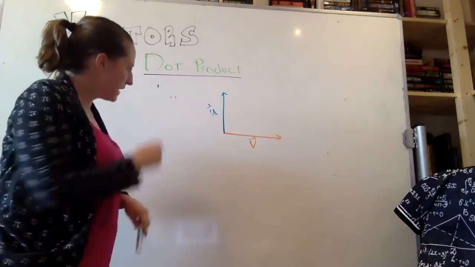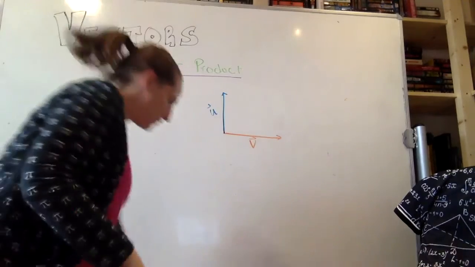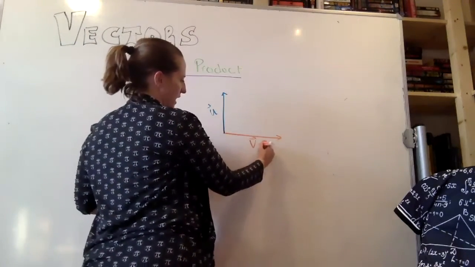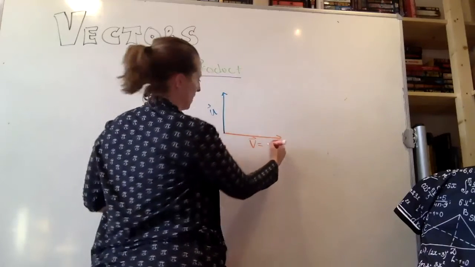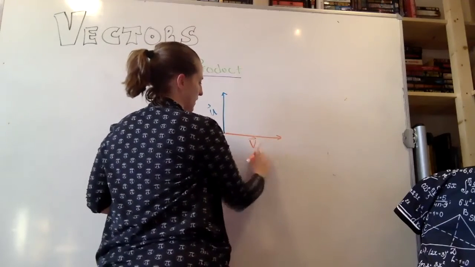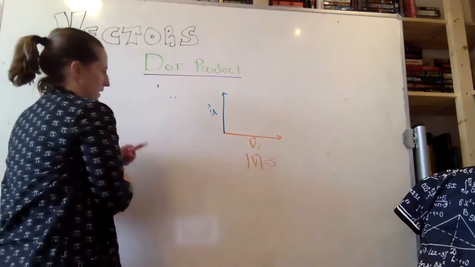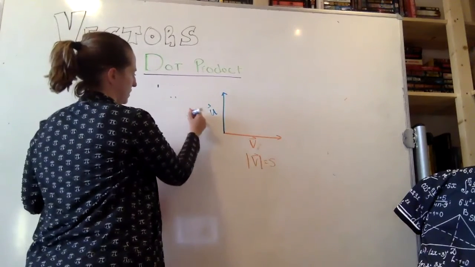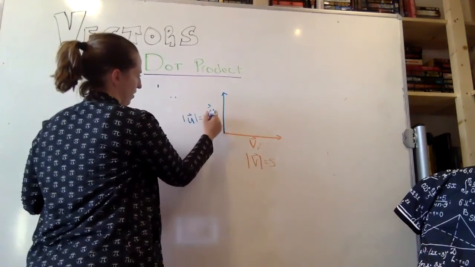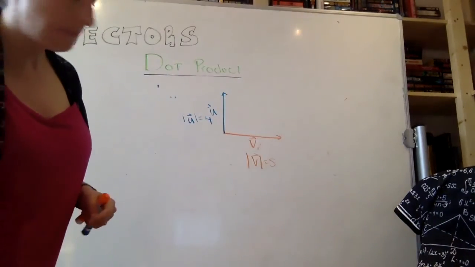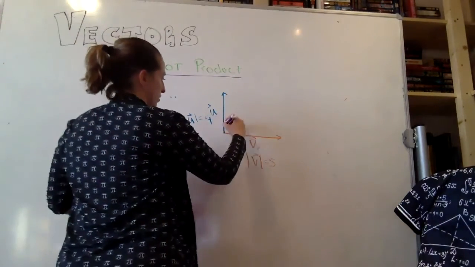Let's see if that makes sense. Okay? I'm going to give these vectors some magnitude. So let's say this vector, it looks a little bit longer, has magnitude 5. And this one, U, we'll say has magnitude 4. Well, the angle between them is 90 degrees.